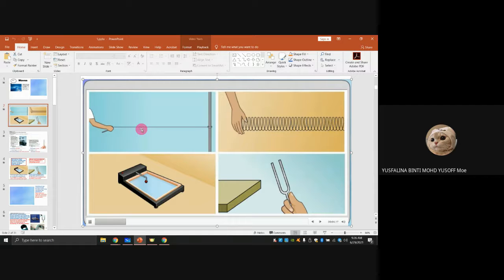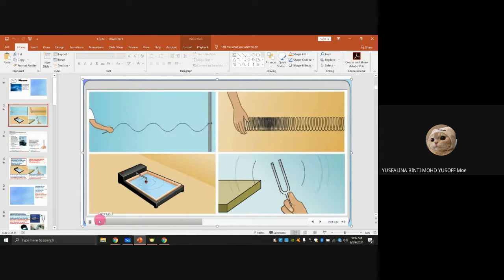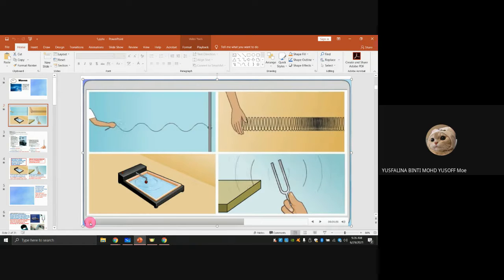Okay, so the first one, this is actually using a rope. This is using the slinky spring, and this is using the ripple tank. And this is by using the tuning fork. So this one all is produced by vibrating.